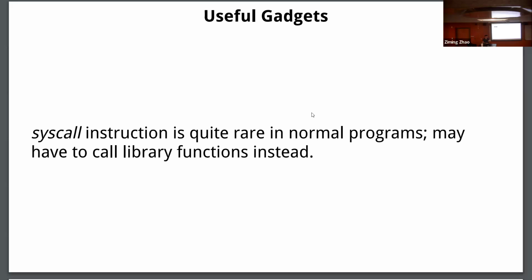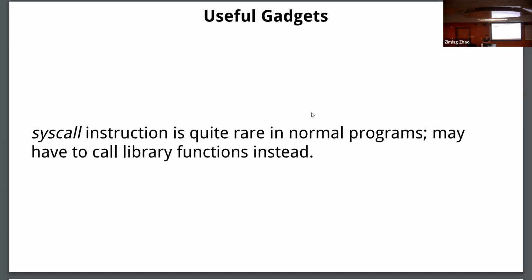Your program will call a say library function, and in the library function, eventually someone makes the system call. However, even if there are system call instructions, they will not be followed by a return instruction directly, right? And because of the encoding of the system call instructions, you also do not find many of those in the address space from the ones that are not really emitted by the compiler. So it's hard to find those.